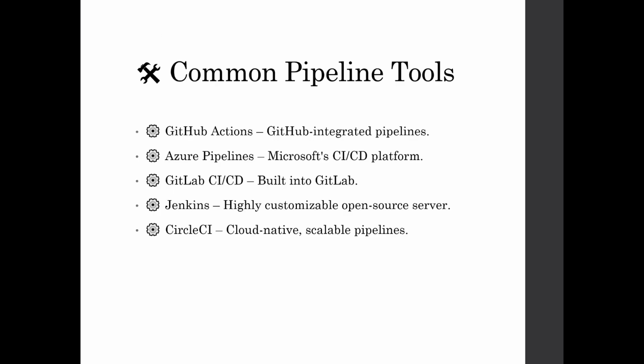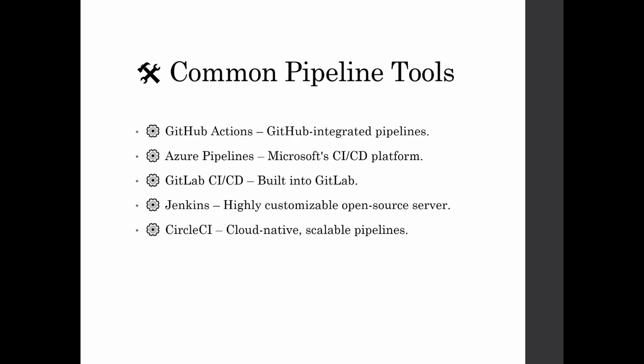So, tools. We talk so much about tools. The one that we're going to look at here soon is GitHub Actions, which is great. Built into GitHub, already integrated, making pipelines easy for teams that are already using GitHub. There's also Azure Pipelines.